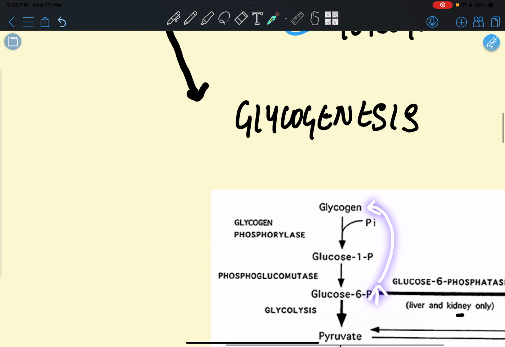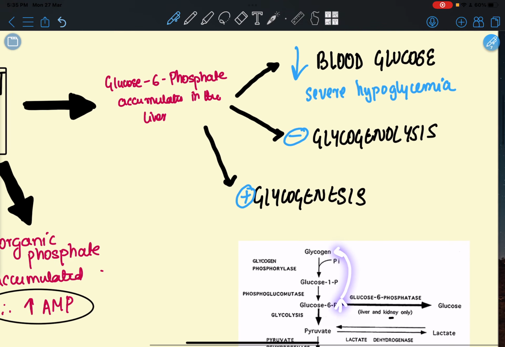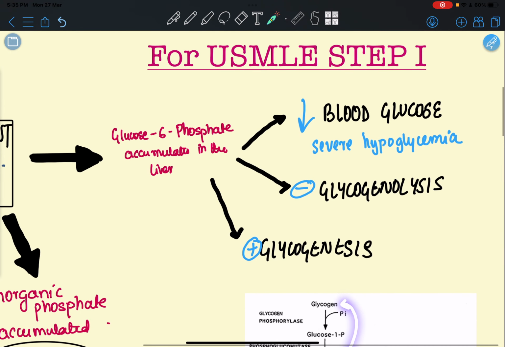So glycogenesis is being promoted. What are these two things causing at the end of the day? Where we started, increased glycogen, more glycogen is stored in the liver and kidney, so glycogen storage disease. These two things are causing glycogen storage in the liver and kidney.